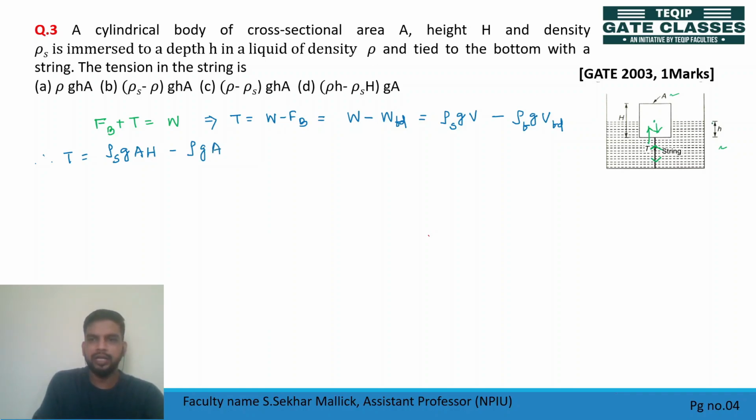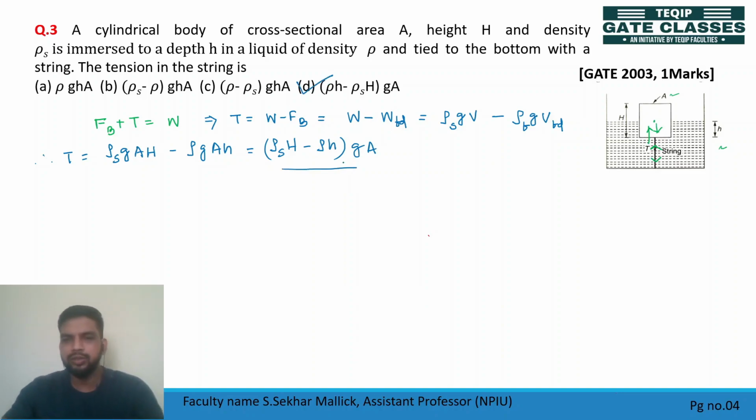A into height of submergence, rho G A h. So take things common, rho S capital H minus rho small h into G into A. Which option is correct from A, B, C and D? Option D is correct one. Okay, understood?